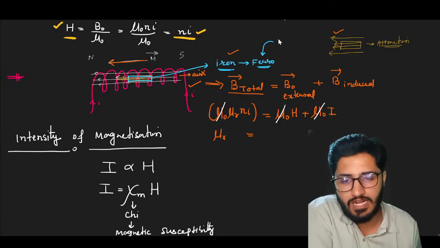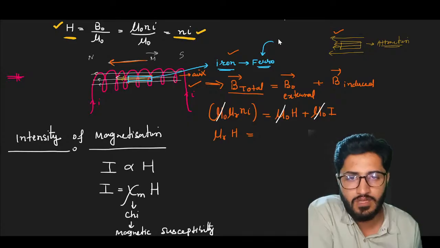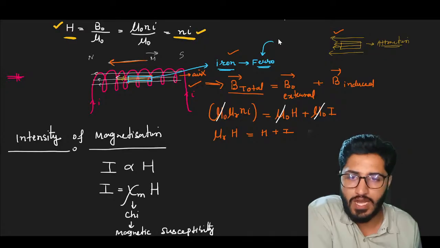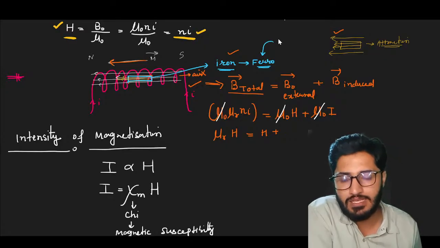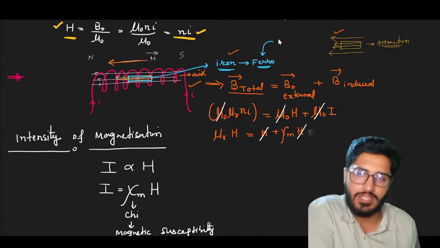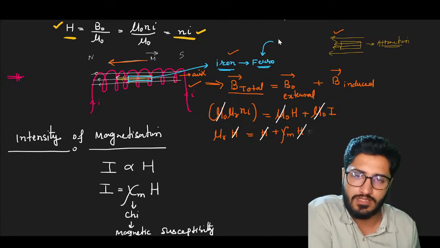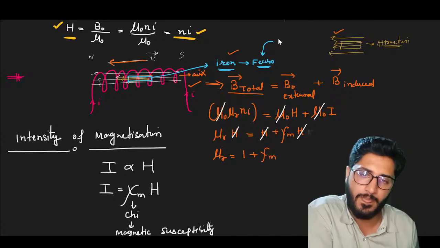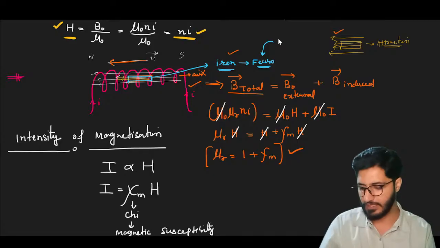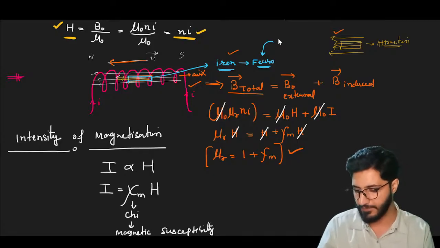But in the place of I, we can write chi H. So can I cancel out H now? Yes, sir. So my mu r came out to be 1 plus chi. This is my ultimate formula that you need to remember.